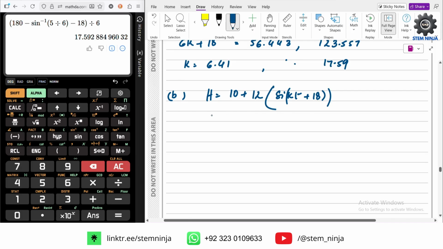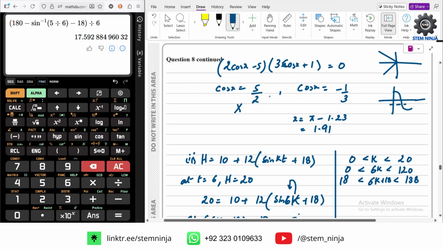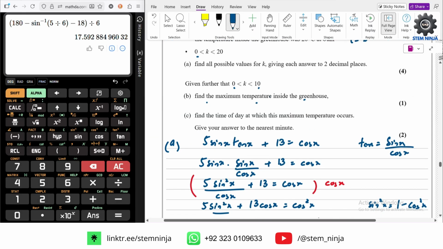So maximum would be just 10 plus 12, but we want inside the greenhouse. Wait a second.